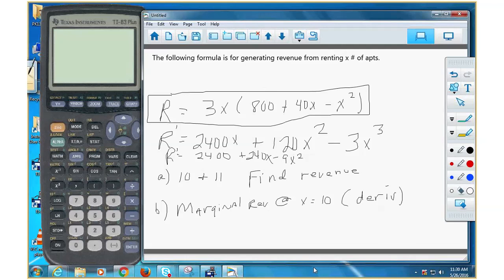When somebody gets the revenue for 10, holler out, and when somebody gets the revenue for 11, holler out, and I'll tell you if it's right or not. I got 33,000 for 10. For 11, I got 36,927.